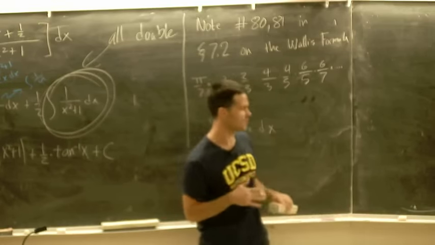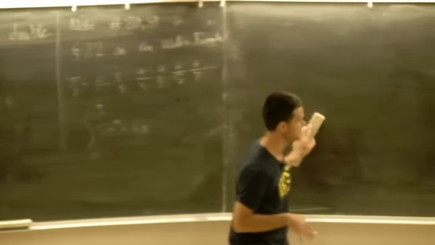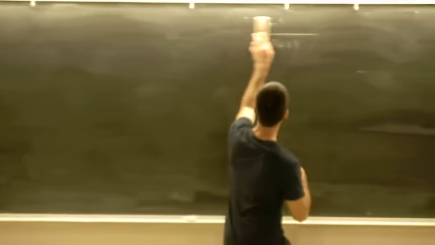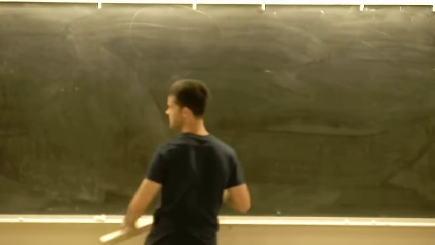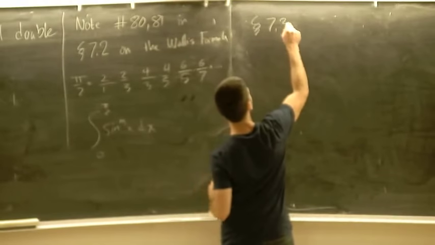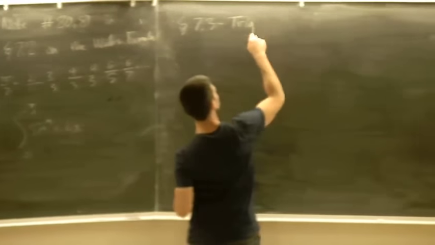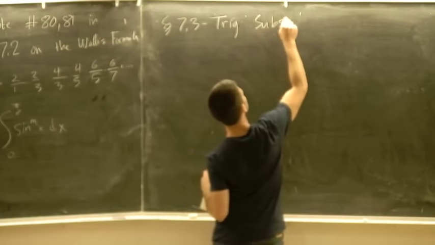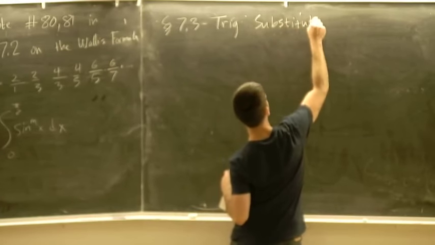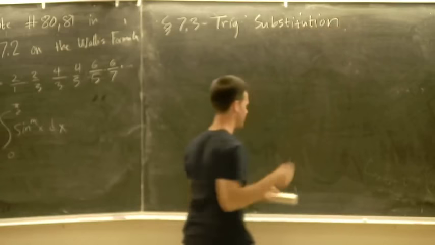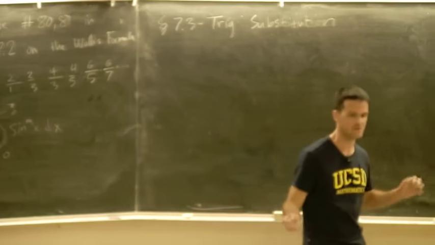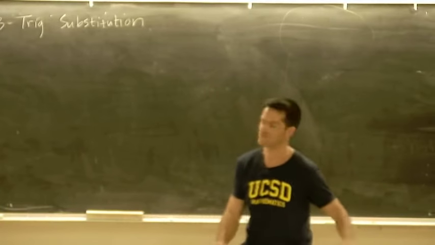So I'm going to show you guys how you would know how to do that, via the method of trig substitution. So yeah, this is just one more trick that you can add to your handbag of tricks.